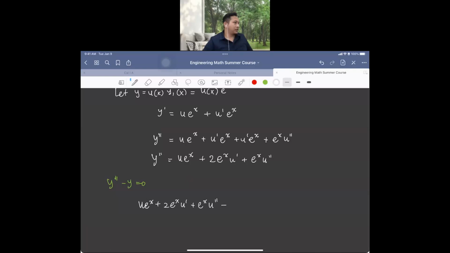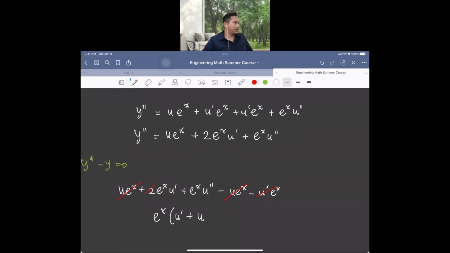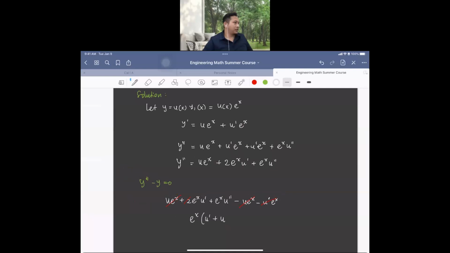So u e to the x plus 2 e to the x u prime plus e to the x u double prime minus, so this will be cancelled with this.